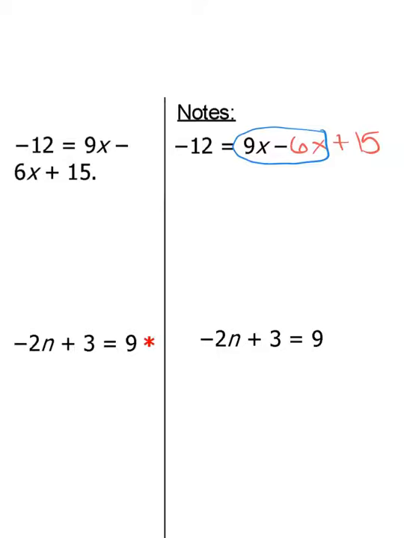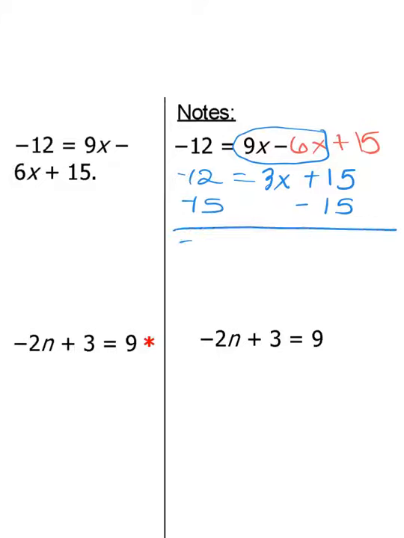So I have a negative 12 equals, well, what's 9 minus 6? 3, right? So I have a 3x. And then I have a plus 15. So now what do I do? Yeah, I subtract 15. Perfect.